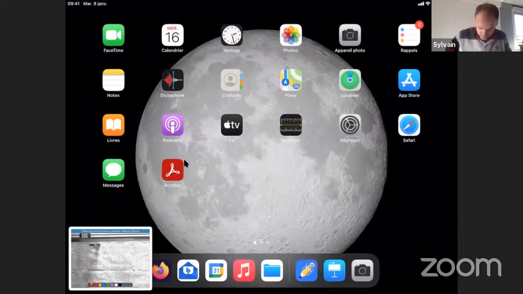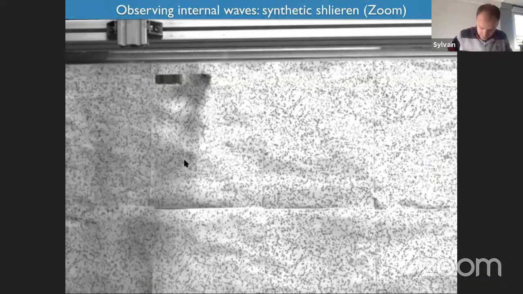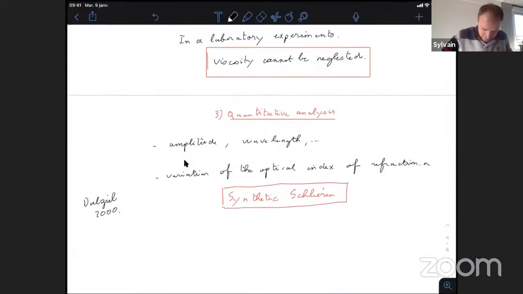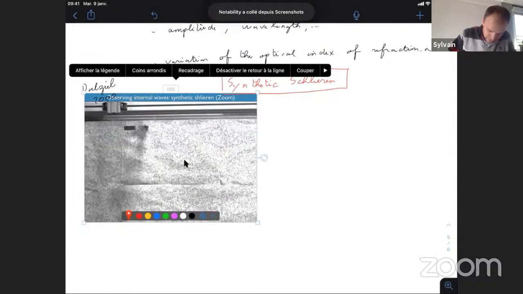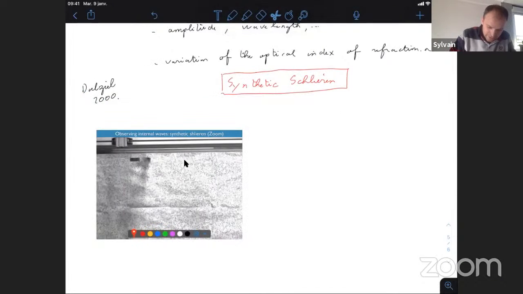So when you have this, you can see motion of the dotted points that are behind the tank.